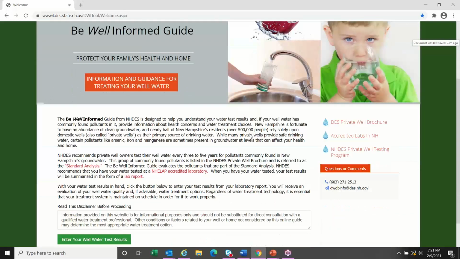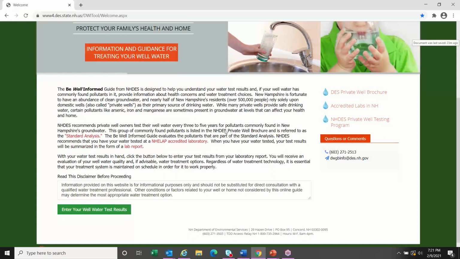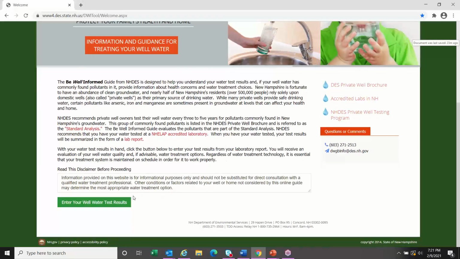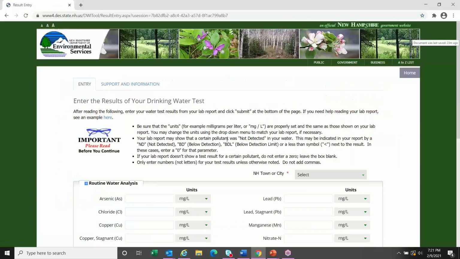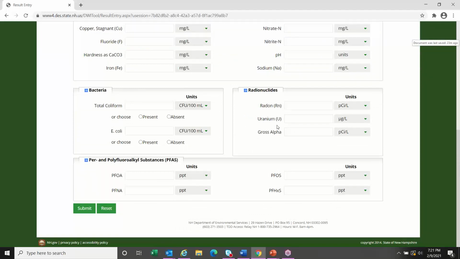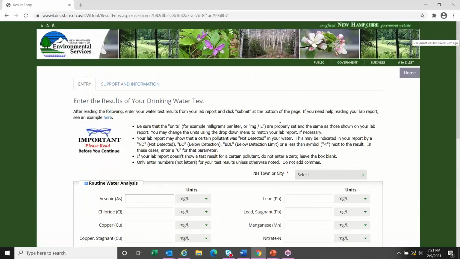So this is the online tool that I mentioned earlier, where you can enter your test results by clicking on this button here, your lab test results. You just enter them in here, and then at the bottom, hit submit, and it will generate the report that will give you all the information and guidance that you need based on your water test results.